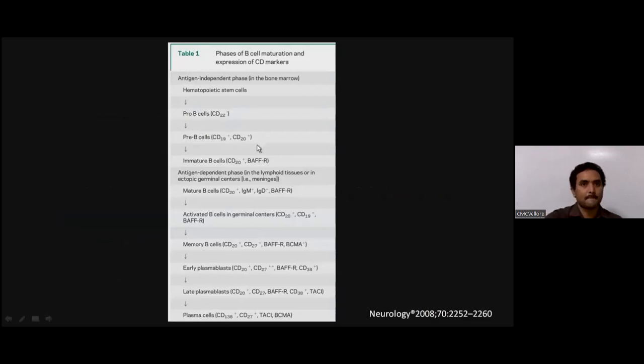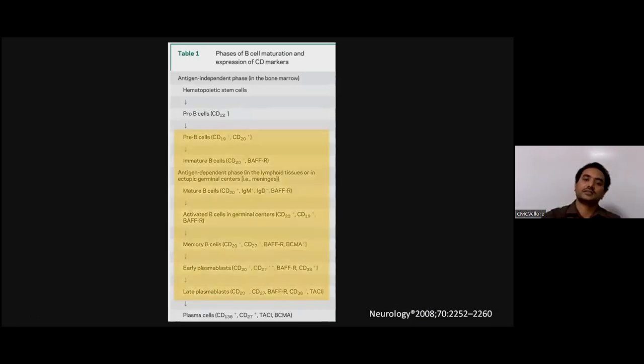Even now, as per current literature, it is not confirmed, but rituximab is effective. That's what the next study shows. Here all the cells express CD20 except the pro B cells and late plasma blasts.